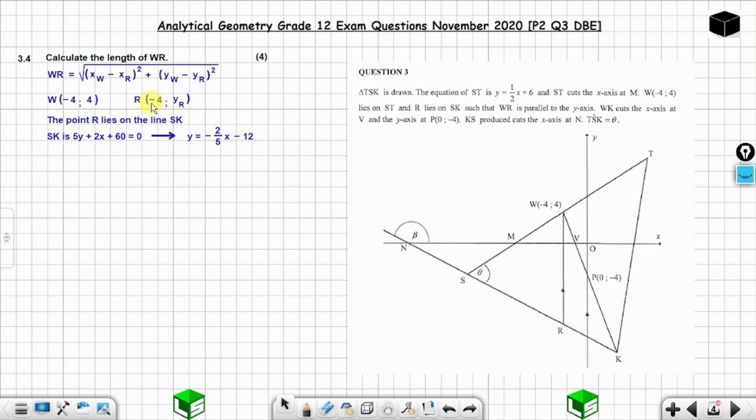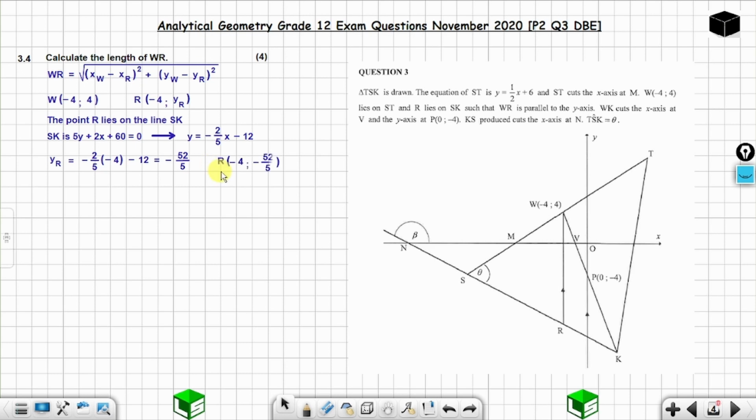So we plug -4 into the equation to find the y coordinate. yR is equal to -2/5 times -4, minus 12, which is equal to -52/5. Now you have the y coordinate of point R.